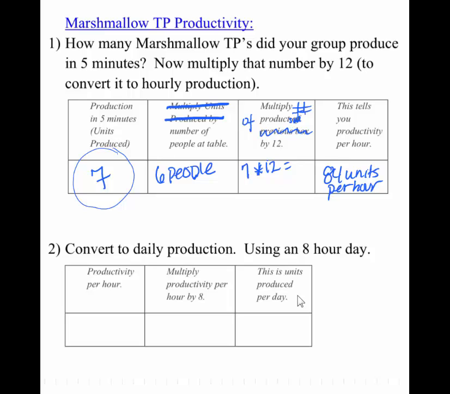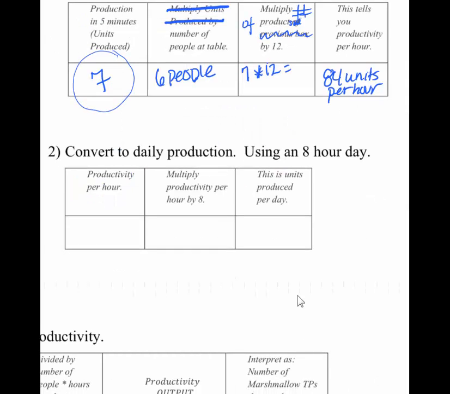And we're going to move on down to part 2, where we're going to convert that to daily production. So the way we convert it to daily production is we start by writing down what we can produce in an hour, which is 84 units. So we just note that here. 84 units per hour. And then we want to multiply our units per hour to switch it over to a daily rate.